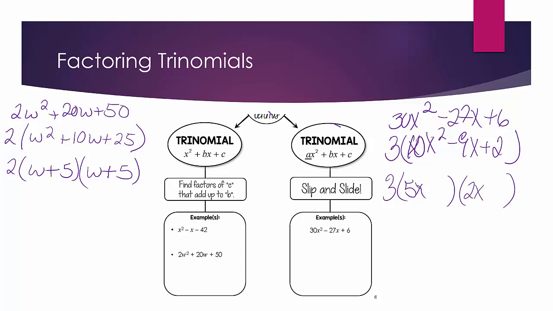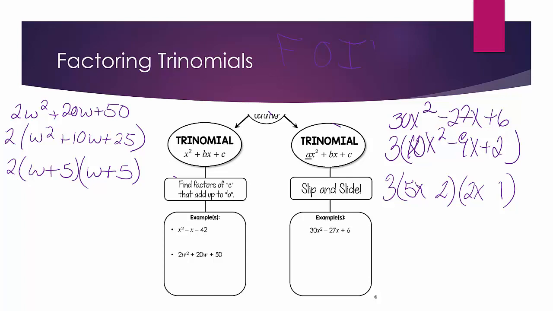Now the factors of 2 are 1 and 2. So I need to make a 5, I need to make 9. 5 and 4 make 9. So I'm going to put the 2 here, I'm going to put the 1 here, and we're going to try it. So, outer is 5, inner is 4, because I'm talking about FOIL here. Remember, first, outer, inner, last.